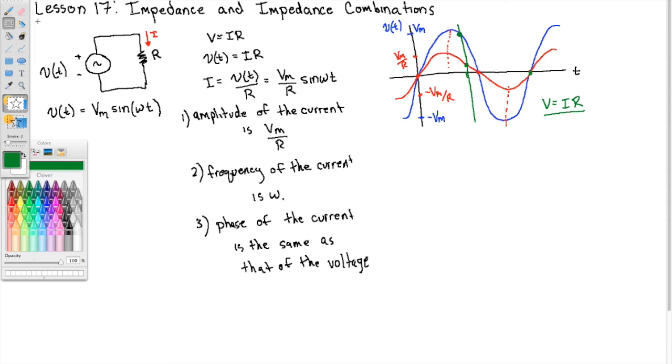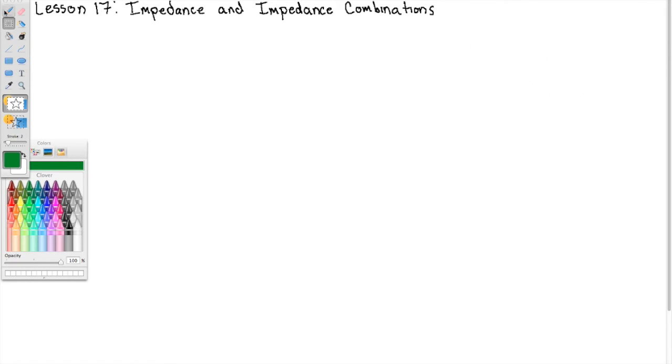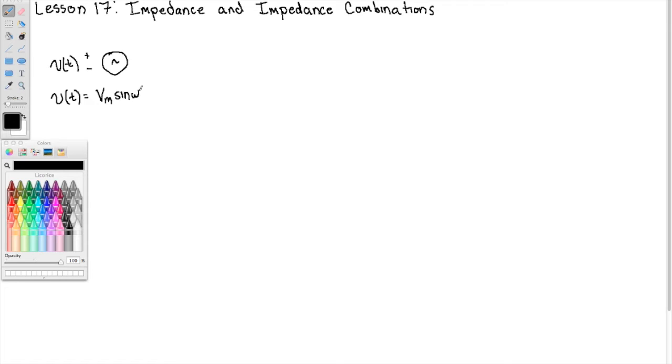Let's move on to the capacitor. Okay, so again, we'll say we have a sinusoid where the voltage is equal to some maximum times sine of omega t.